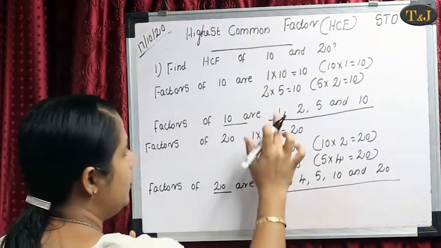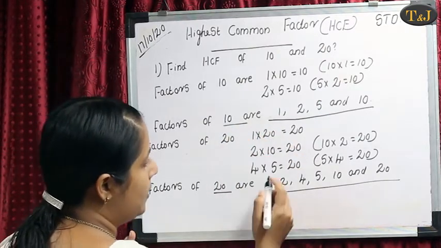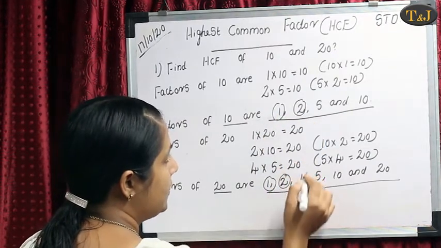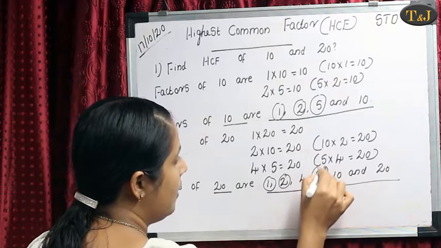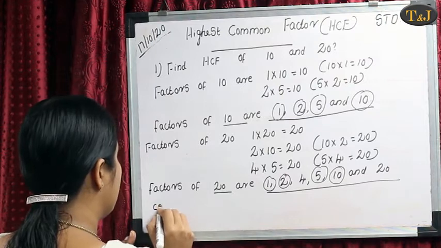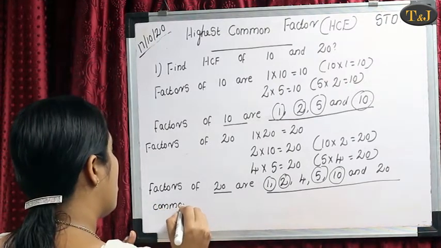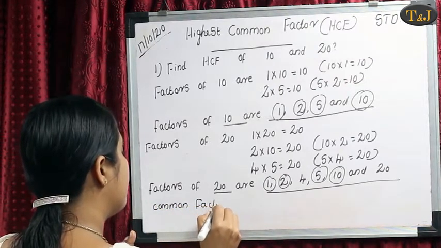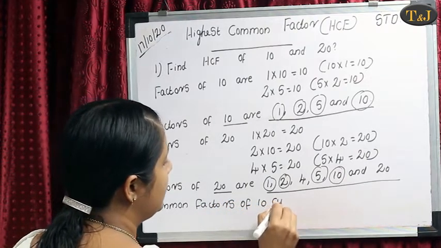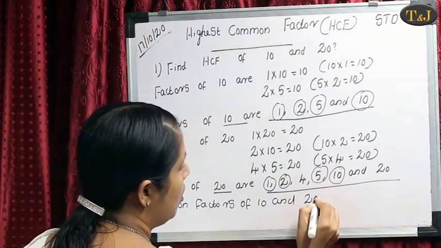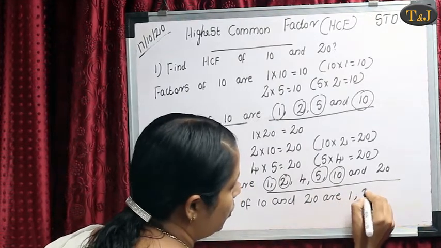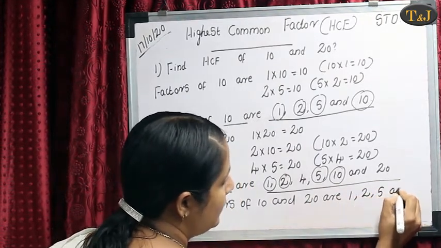Which numbers are common in both? 1, then 2, 4 is not there, 5 yes, and 10 is in both. So the common factors of 10 and 20 are 1, 2, 5 and 10.